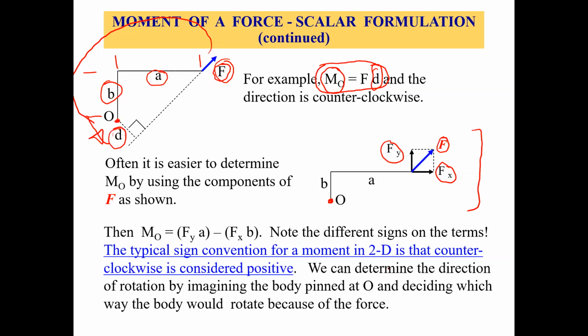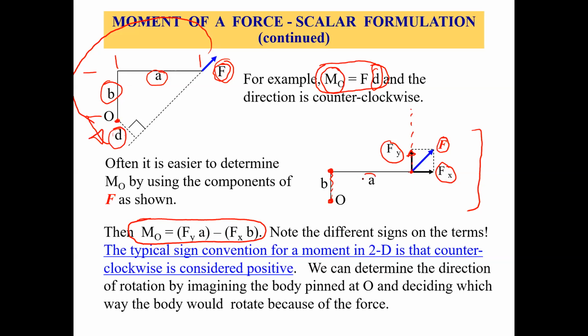This is the equation which gives us the moment at point O: M sub O, Fy times A, because Fy is this force, and this is the direction of the force. And what is the perpendicular distance between the two directions?